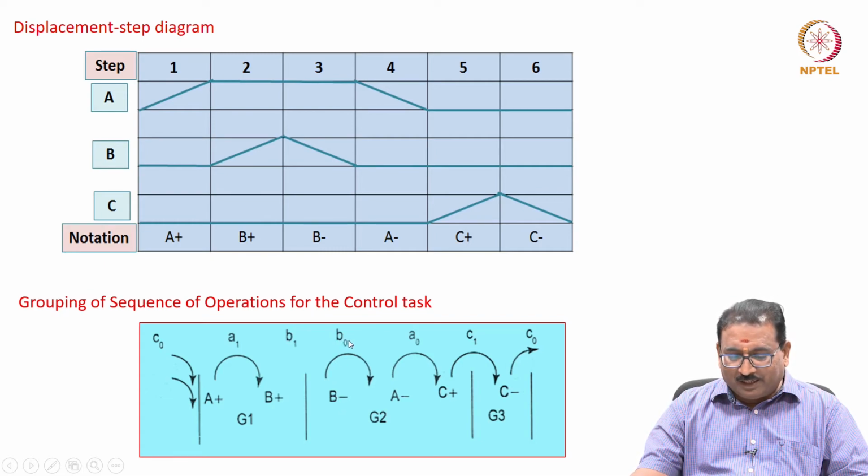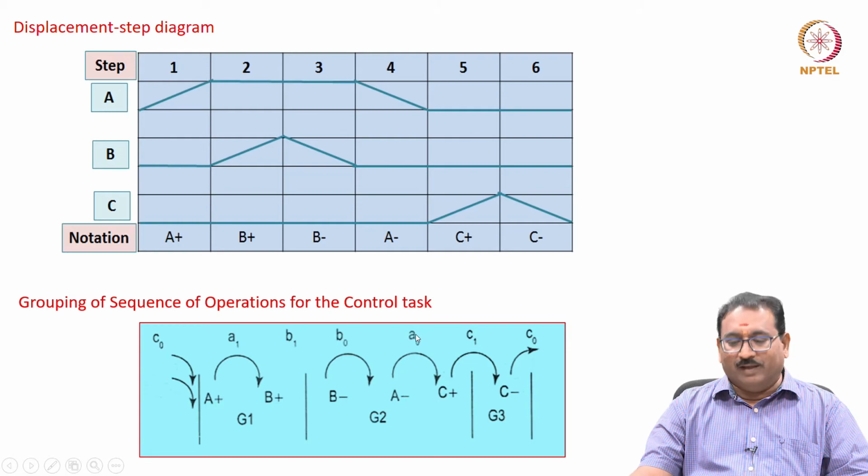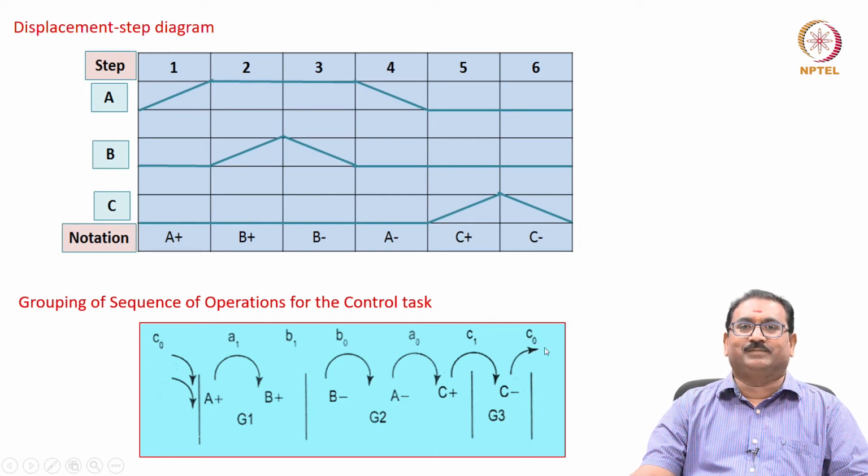B minus leads to B0, which makes A minus happen. Once A minus takes place, it generates A0, and only then will it make C plus. When C plus happens, then the C1 signal. Correct? When C1 actuates, then C minus will take place.